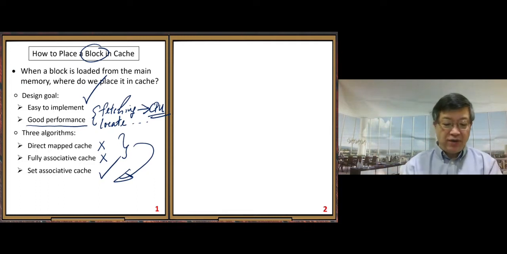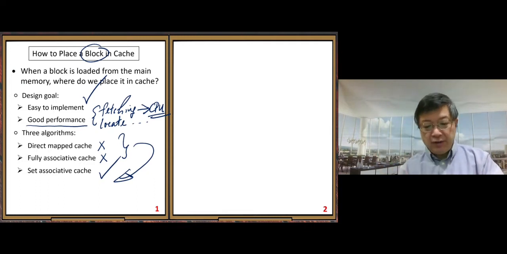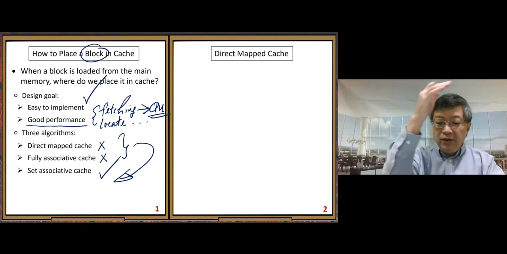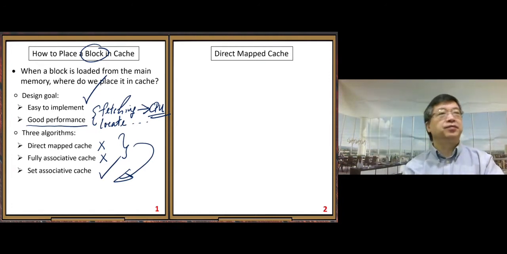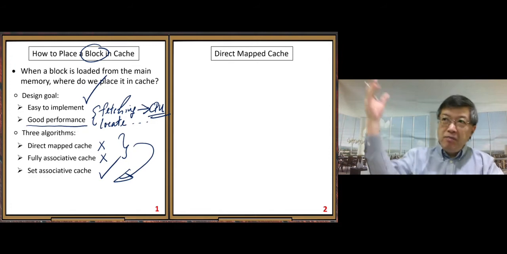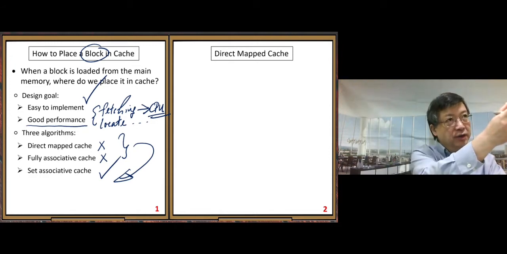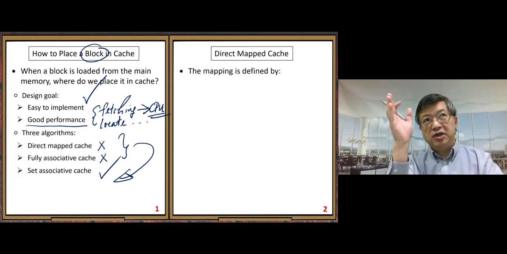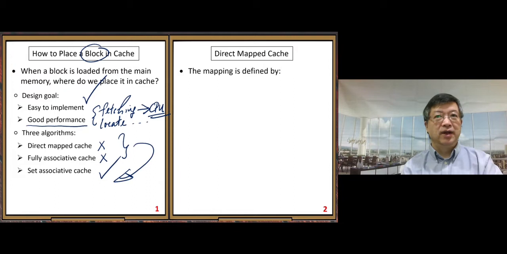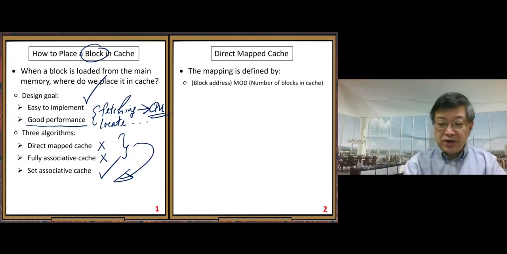All right, so let's start with the first method, direct mapped cache. How to map a block to a location in a cache using a simple formula. First, you get a block address in main memory.